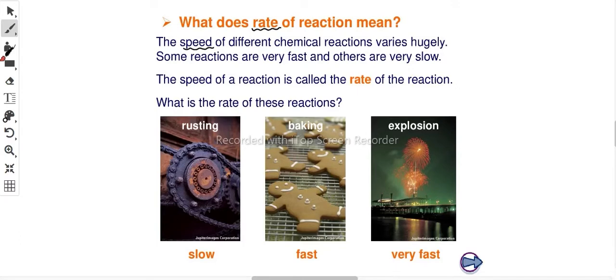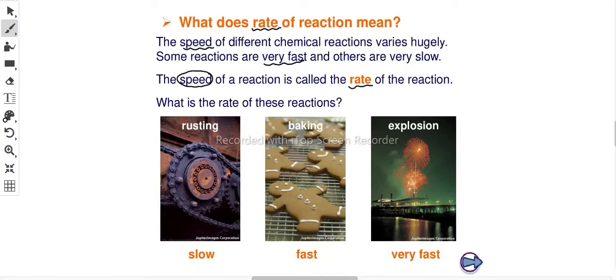The speed of different chemical reactions varies hugely. Some chemical reactions are considered very fast, and others are actually very small in the rate, so they have a very slow rate. So the speed of the reaction can be described as the rate.